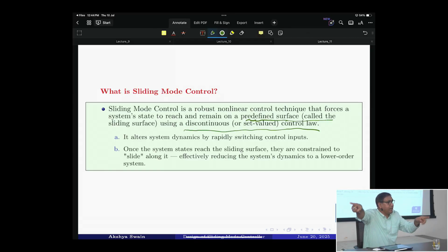And once you go there, I close everything. You are there, and now you cannot come out. So first point is design the sliding surface. Then find out a reaching law, a control law, which will make you reach there. And once you reach the sliding surface, you are robust. Understand the concept? Sliding surface design, reaching law.